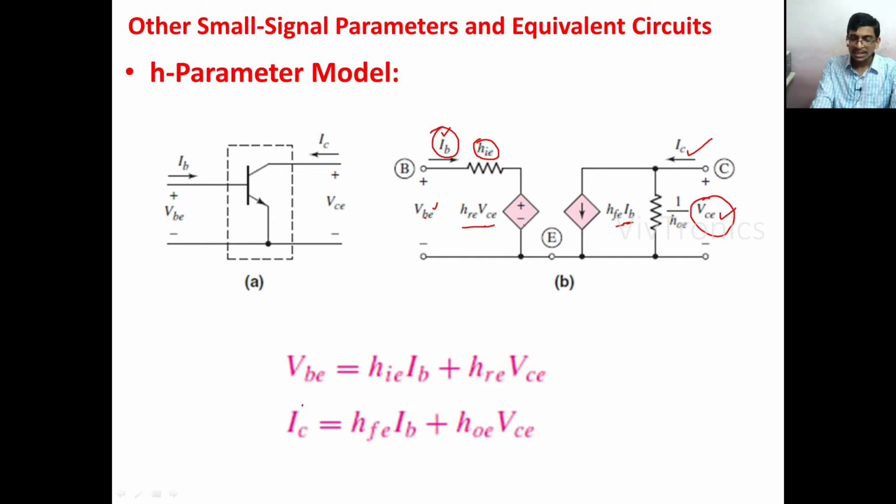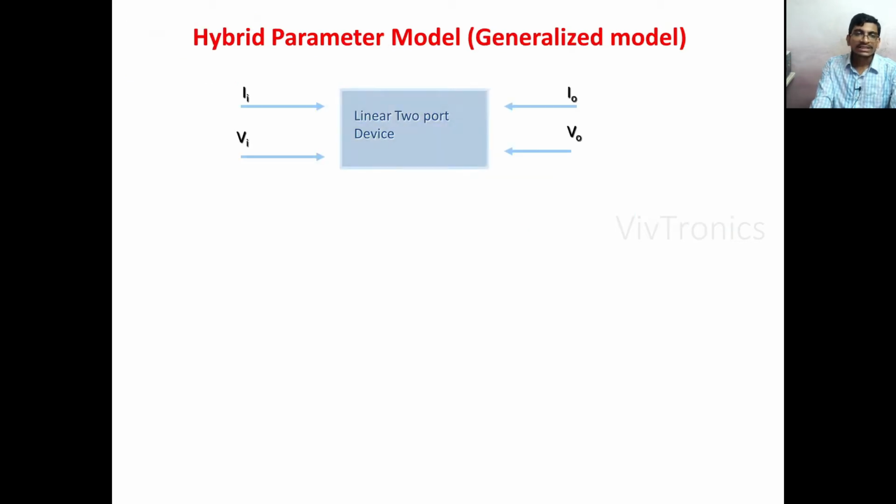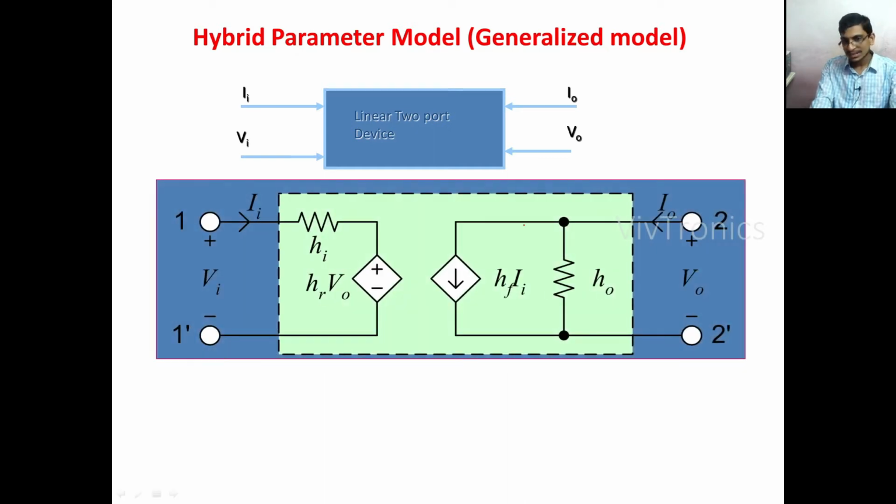Now we will see how we can get these equations. Here I am assuming a linear two-port device, which is nothing but a transistor in the active region. Port 1 is between 1 and 1 dash, and port 2 is between 2 and 2 dash.